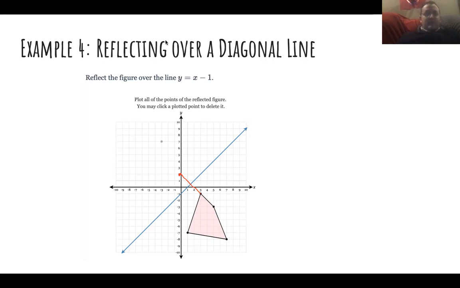And then let me get a different color to show you where I would put the next point. So I'm going to go 1, 2, 3, 4. So that's 3.5. So I'm going to go 3.5 the other way.